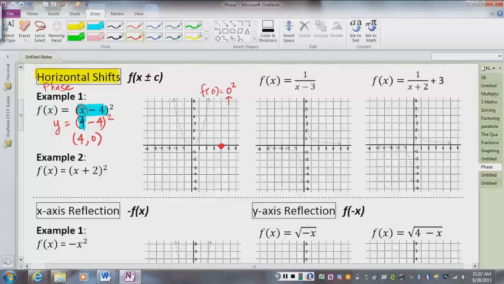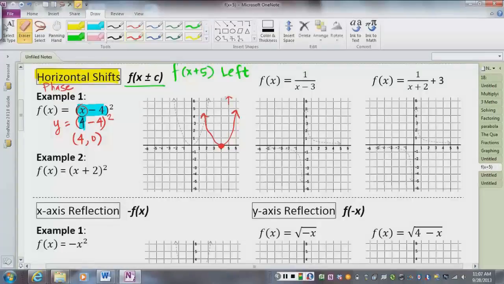From there, I'm going to draw my parabola with the same shape as before. It's a little counterintuitive. If I have, for this function, f of x plus 5, I'm actually moving left.